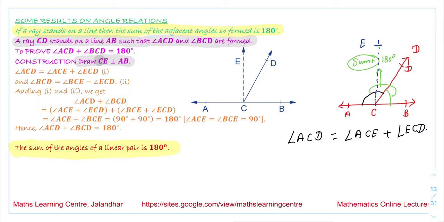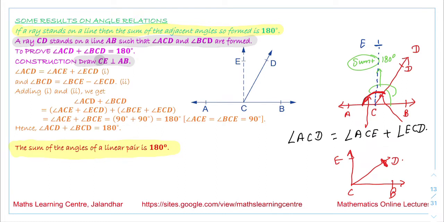So now what we have is angle ACD is equal to angle ACE plus angle ECD. In the figure, ACD is this whole angle, and we are saying it is angle ACE plus angle ECD. Similarly, for angle BCD, this is B, this is C and this is E, and this point D is over here.